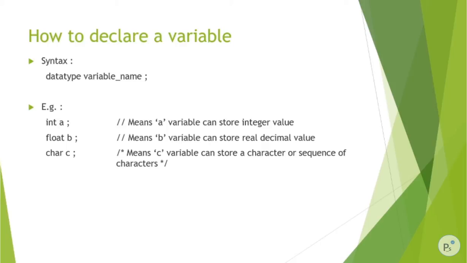Same in the case of float and char. If you want to store a float value, you can do it by using float b. Here variable b can store a decimal value. Same in char c, we can store a character or a sequence of characters, as we have defined it in a char data type.